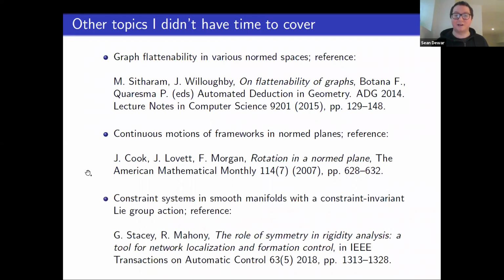And the last one is, I've generalized things with norm spaces, but you can generalize it in other ways. So Stacy and Mahoney went from distance constraints which are Euclidean to imagining it's all on a manifold. The constraints are some sort of smooth constraints between things. And then we have an isometry which is invariant to them.